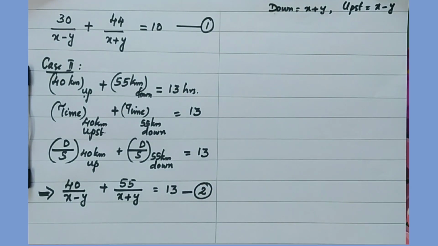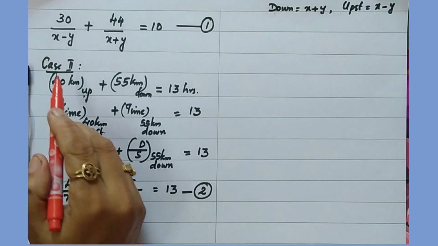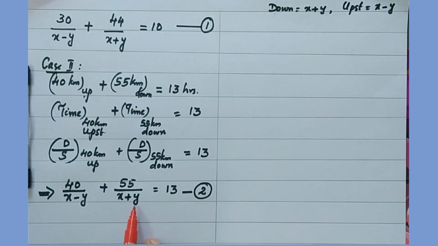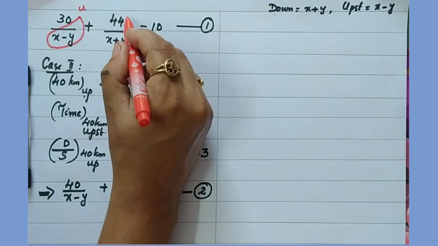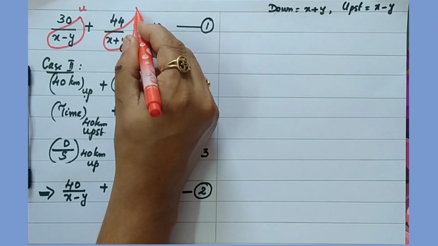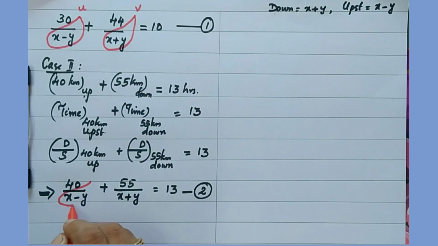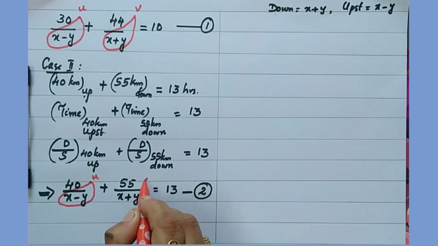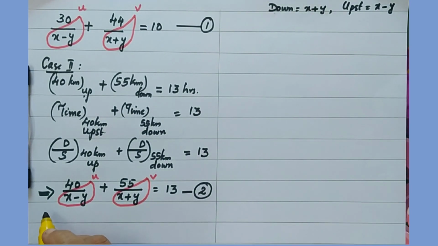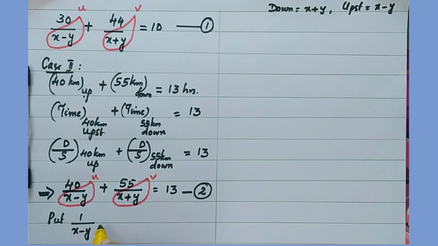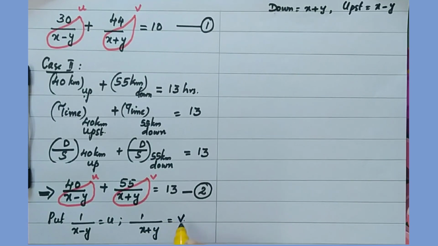Now look at these two equations, equation 1 and equation 2. In both, the variables x and y are in the denominators. So I am going to make the substitution: 1 by x minus y as u and 1 by x plus y as v. Put 1 by x minus y equal to u and 1 by x plus y equal to v.